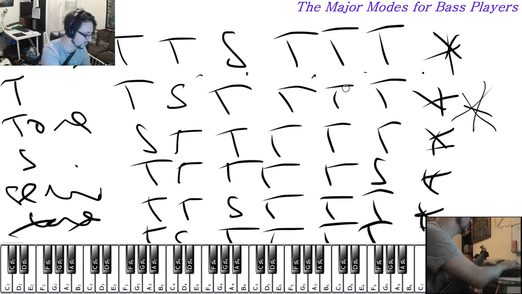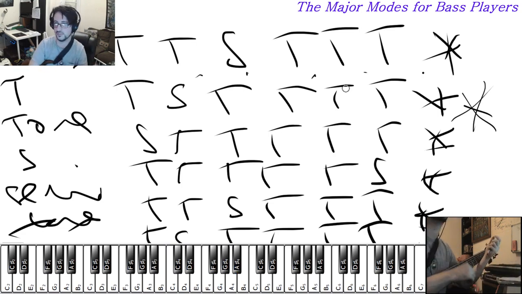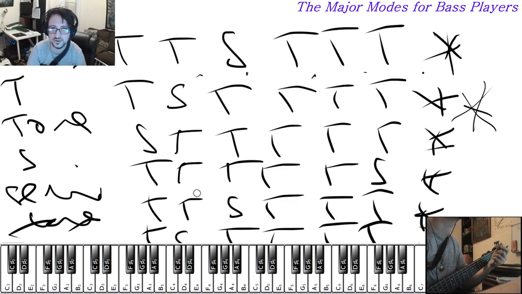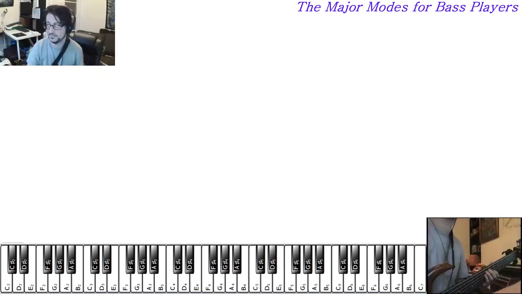And then you get the modes of that. So you start on the next one, tone, semitone, tone, tone, tone, semitone, tone, so on and so forth. But this will all become more apparent, I just thought I'd show you this grid for now, as a basic explanation. So more in the future, please keep watching.